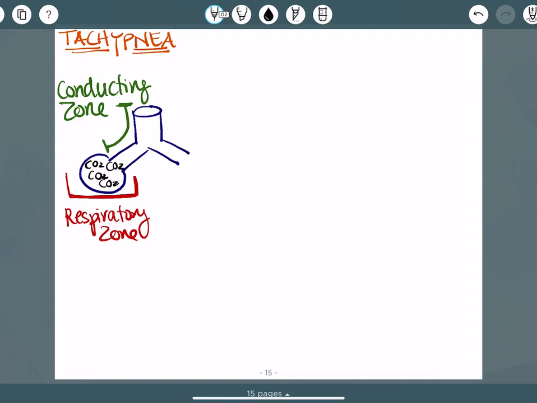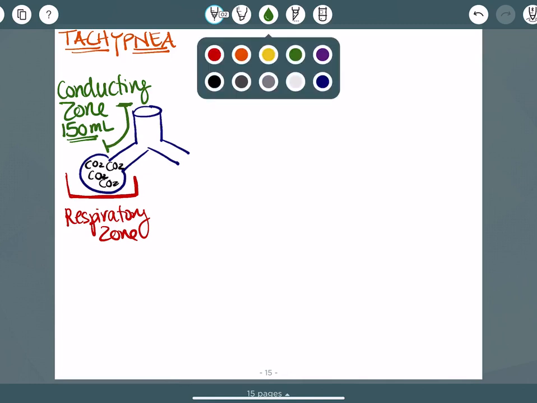The reason I started with this anatomy of the lung is because the conducting zone holds air. In fact, in a typical, average sized body, it holds 150 milliliters. It's the volume of air in the conducting zone. Another name for this air would be dead space air.